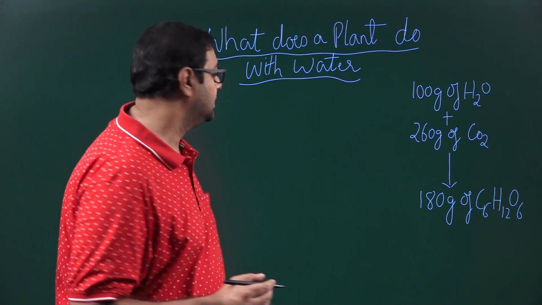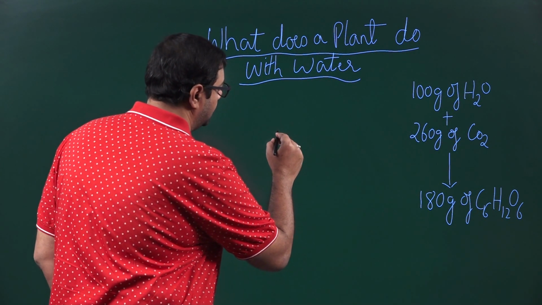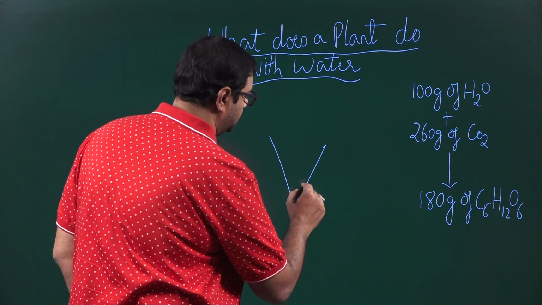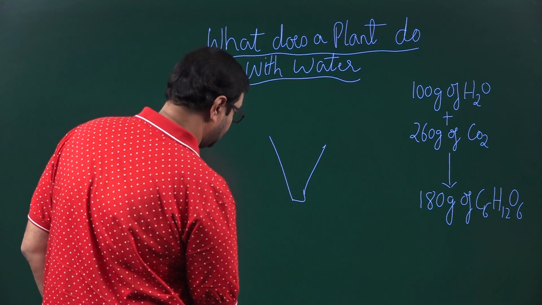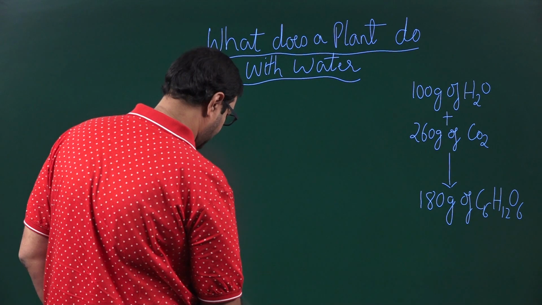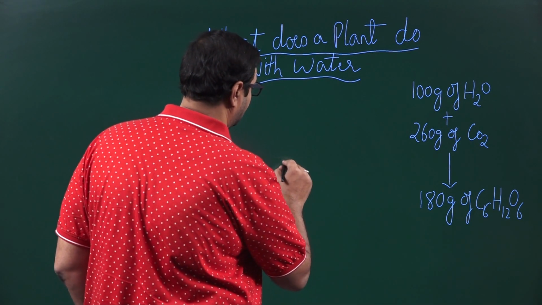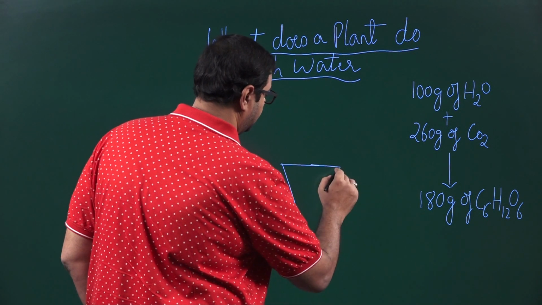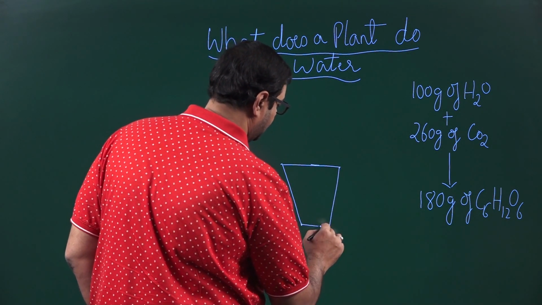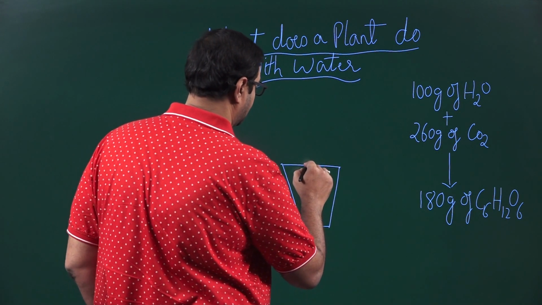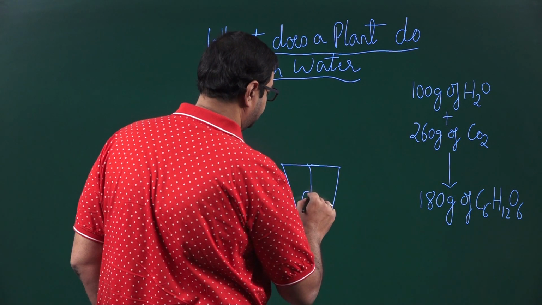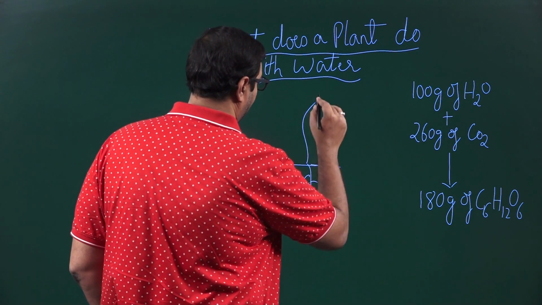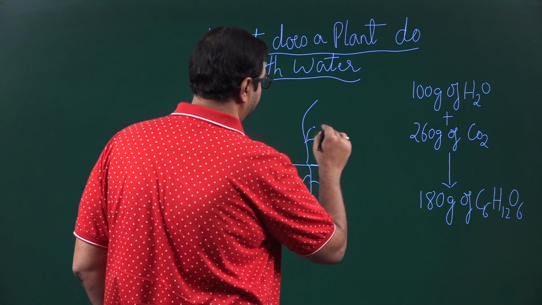So, for example, I take a potted plant. In this potted plant you have the root and you have the shoot of the plant.